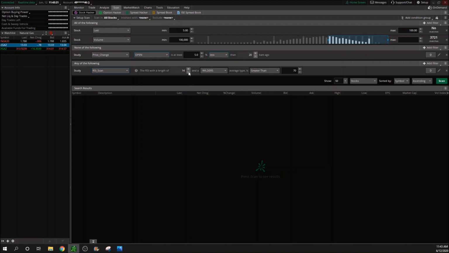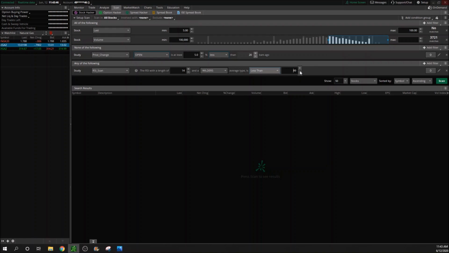We're not going to change that because we didn't change our RSI indicator when we set that up. We're going to leave Wilders, and then we're going to put this on less than 50.